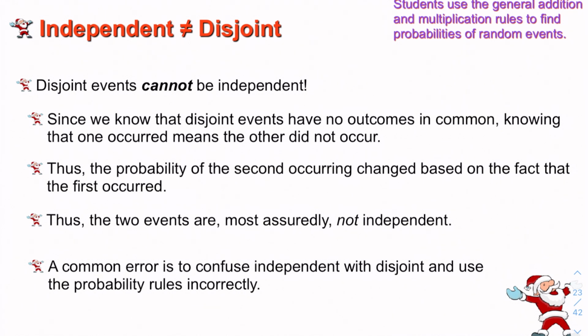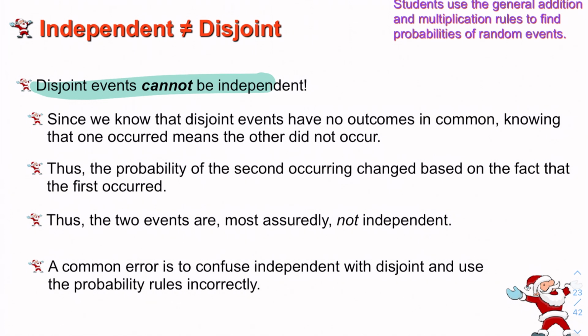Okay, I said this at the beginning with chapter 14, but it bears repeating. Just because events are independent does not mean the same thing as two events being disjoint. Disjoint events cannot be independent. We know that disjoint events have no outcomes in common.